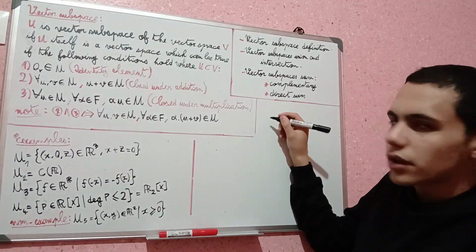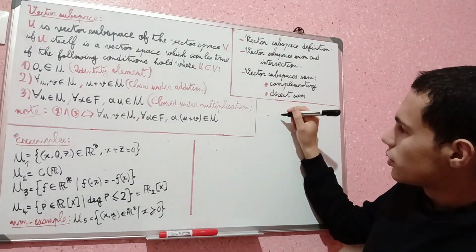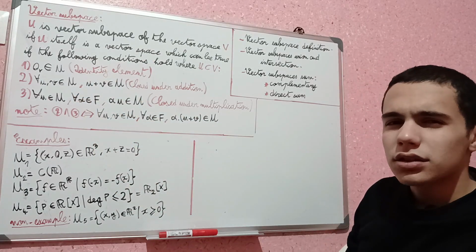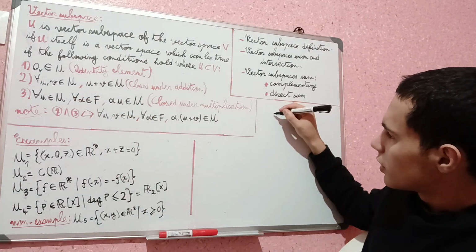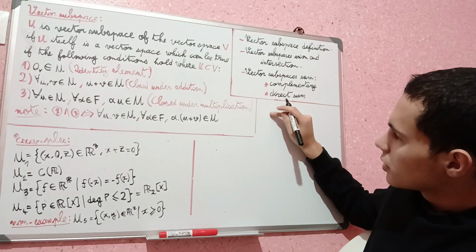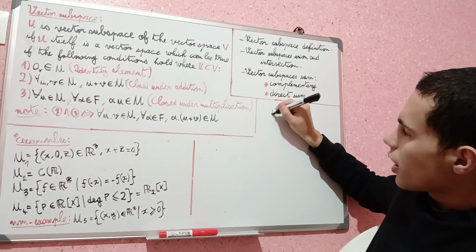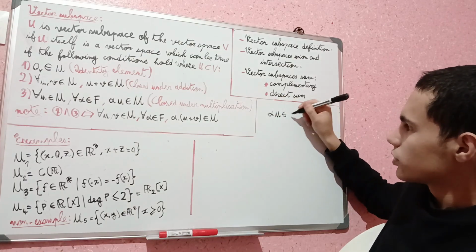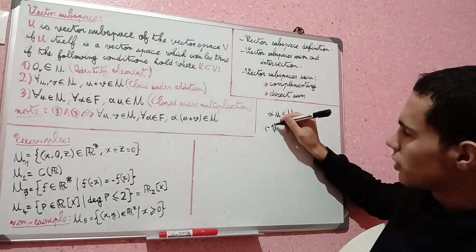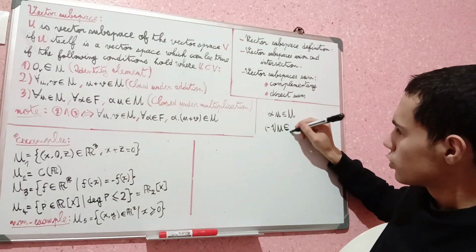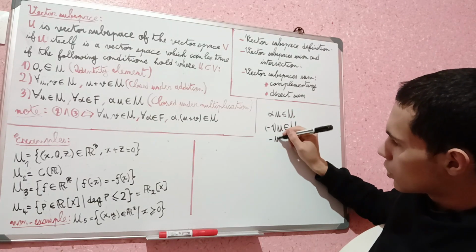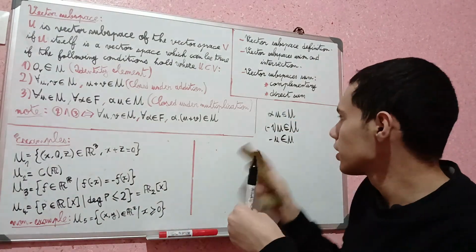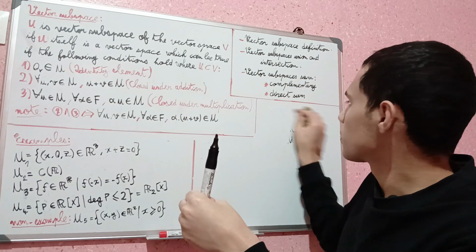And you also need the 8 conditions, which include the identity element, which already exists, and the additive inverse. But if for all alpha, alpha multiplied by u belongs to U, then minus 1 multiplied by u belongs to U, so minus u belongs to U. Therefore, it already has the inverse property, and we don't need to prove it.